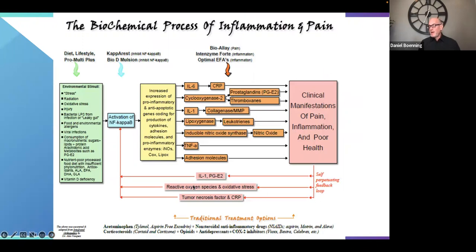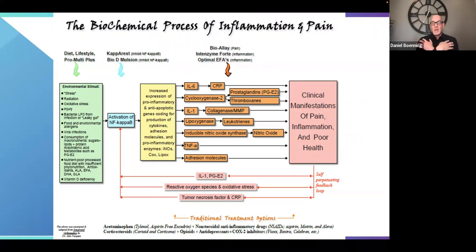All right, so let's wrap it up with a couple more slides. I always share this one because I love this presentation that Dr. Vasquez did looking at biochemical processes of pain and inflammation, because we are very familiar now from the news with cytokines and cytokine storms and inflammation, brain inflammation, post-viral brain fog.